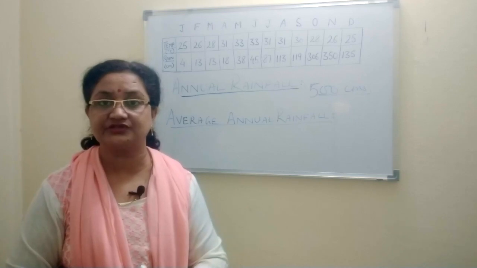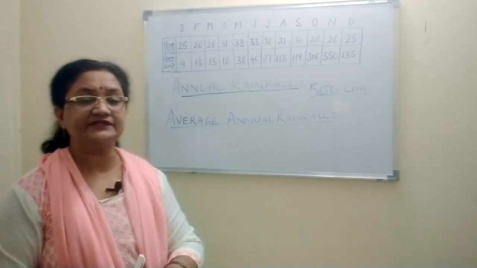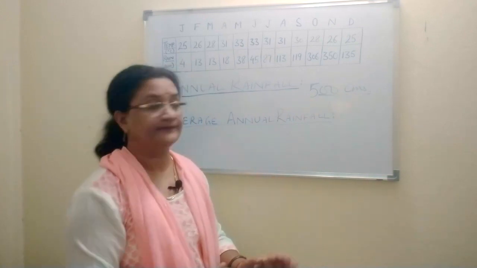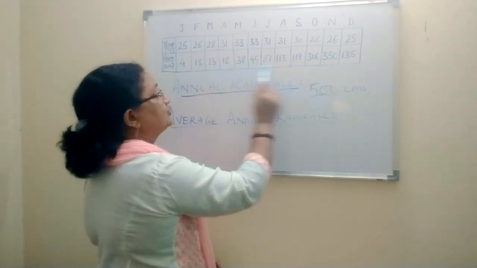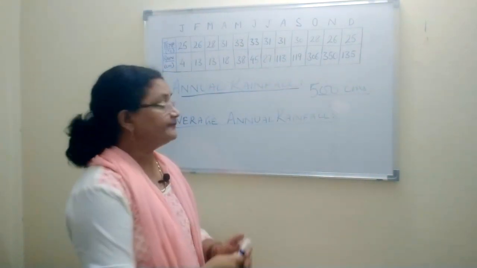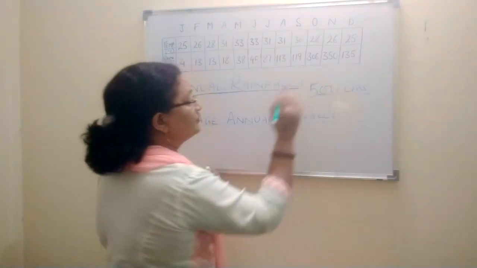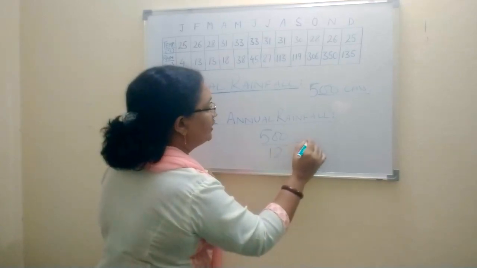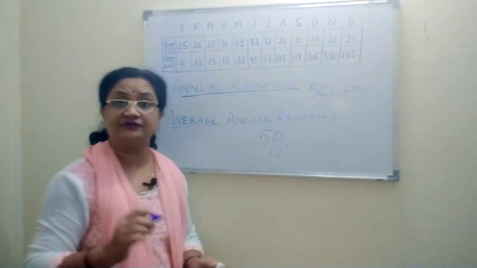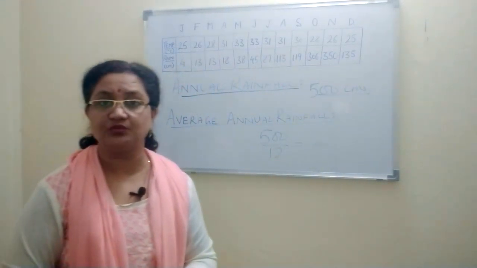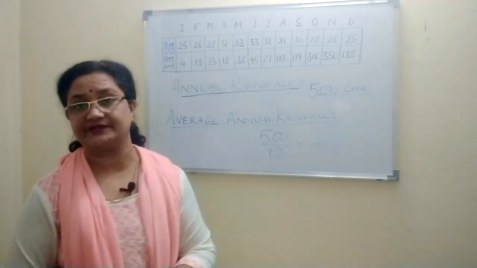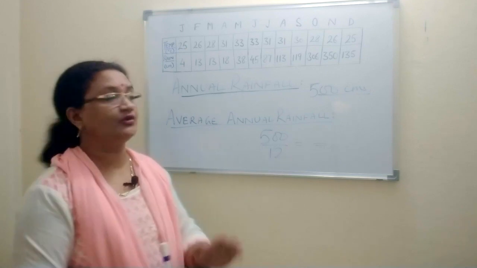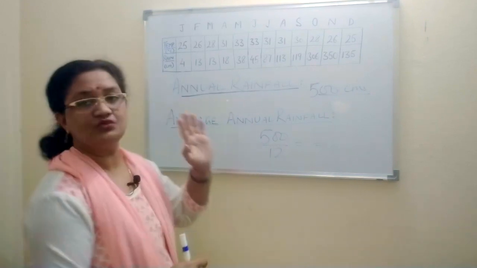To find out the average, you have taken the annual rainfall, already you have got it, just divide it by 12. Suppose this is the annual rainfall, so it's going to be 500 divided by 12. Whatever is the value, that will be the average annual rainfall of that particular place. This is how you have to find out these two answers.